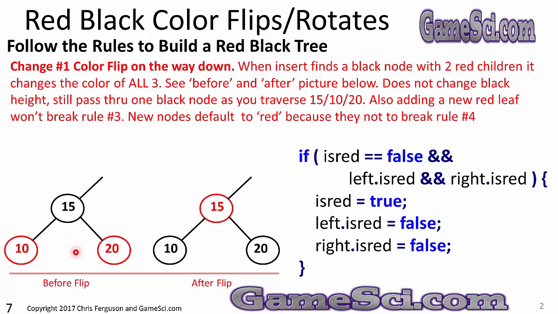Here's the before the color flip. Here is after the color flip. 15 went from black to red, 10 went from red to black, and 20 went red to black. That is an always. That happens every time it sees a black parent with 2 red children.